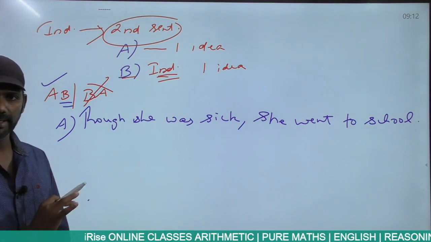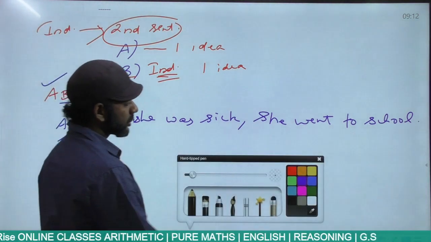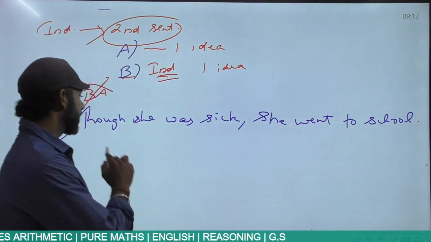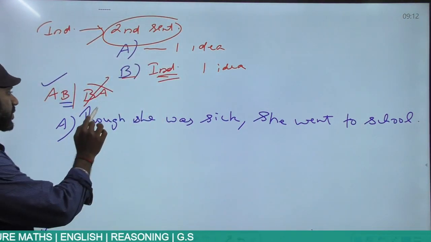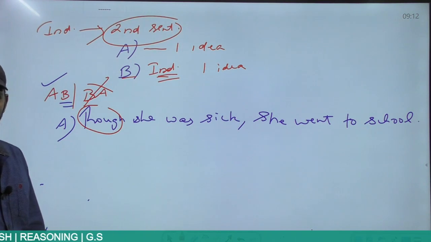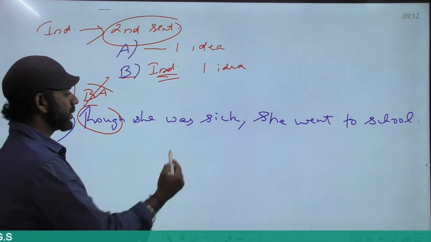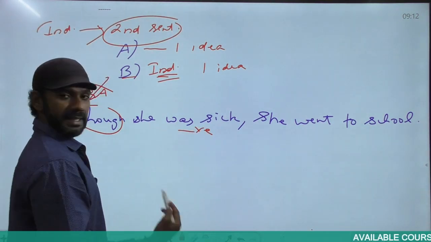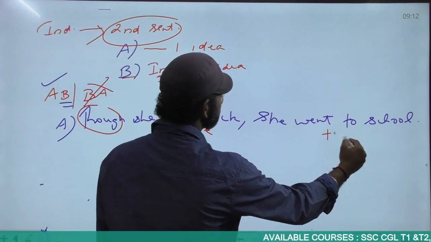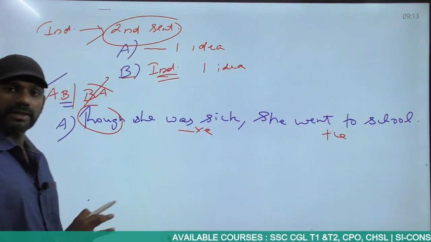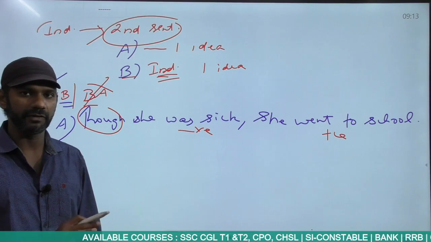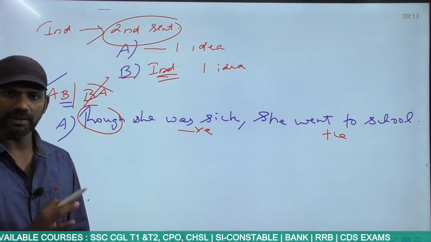We have only one sentence here. Though is a contrast indicator. I gave the list of contrast indicators. It must connect one positive idea and one negative idea. The first idea here is she was sick, negative. The second idea here is she went to school, positive. So the concept of contrast indicators is completely fine, connecting one negative idea and one positive idea.